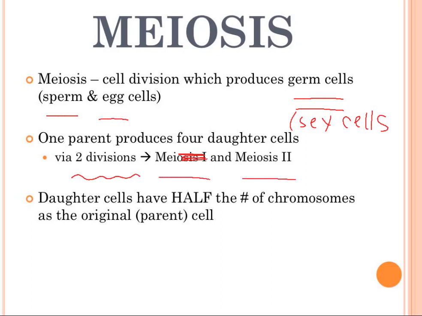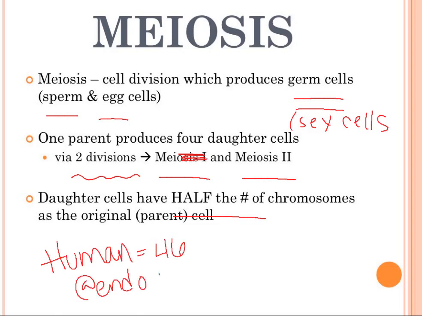And the daughter cells have half the number of chromosomes. So in a human, the original cell has 46. At the end of meiosis, each cell has 23. Because remember, you get 23 from mom and 23 from dad.